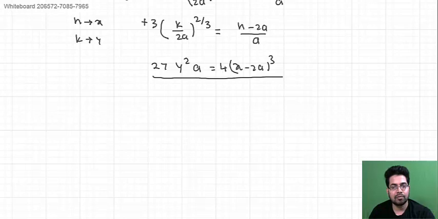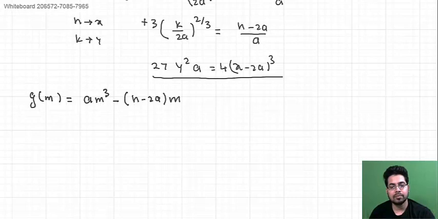So my GM was a m cube minus (h minus 2a) m plus k equals 0.